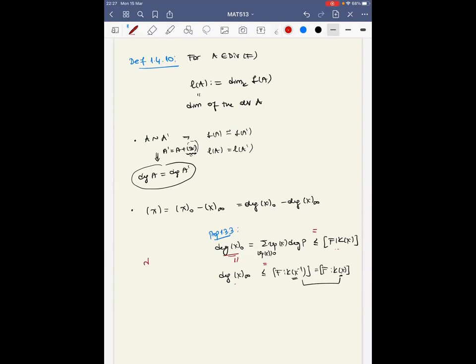And this gives us that all principal divisors have degree 0. But before proving this theorem, let me try to give an example for this case.